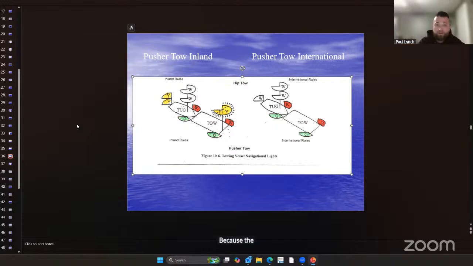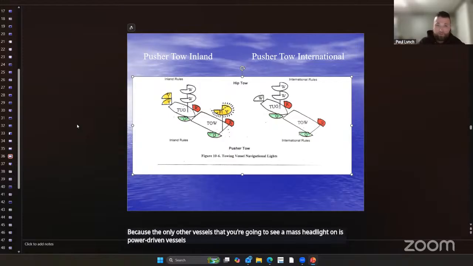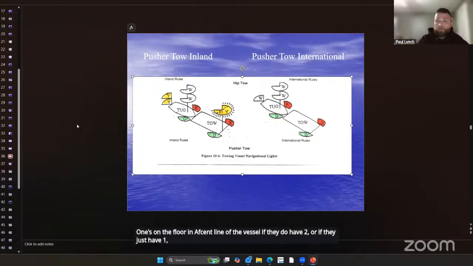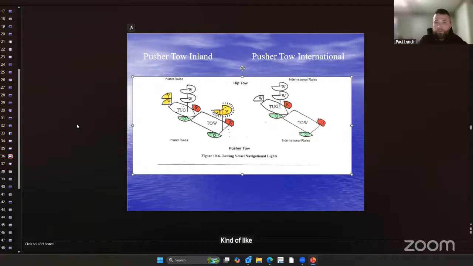Because the only other vessels that you're going to see a mast headlight on is power driven vessels in categories 2 and 3, if they're greater than 12 and less than 50, or if they're greater than 50. But they're spread far apart from each other. One's on the fore and aft center line of the vessel if they do have two, or if they just have one, it's just on the fore part of the vessel.